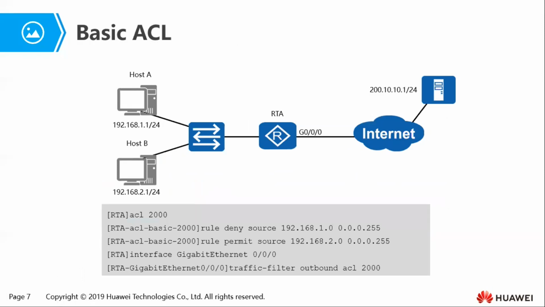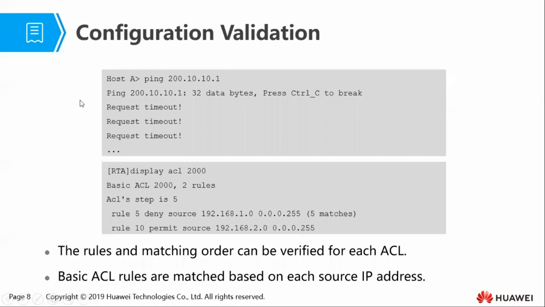So you can actually specify the steps when you're creating the rules. For example, here, instead of just saying rule then deny, you can say rule 5 then deny. Here, rule 10 then permit. But when you don't do that, we usually have a default step value.